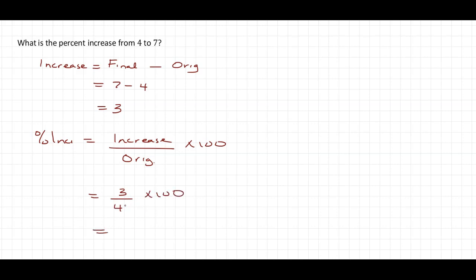That's going to give you 4 divided by 2, we have 2 here, 100 divided by 2, we have 50, 2 divided by 2, 1, 50 divided by 2, 25, 3 multiplied by 25 is 75. So here we have a 75% increase.